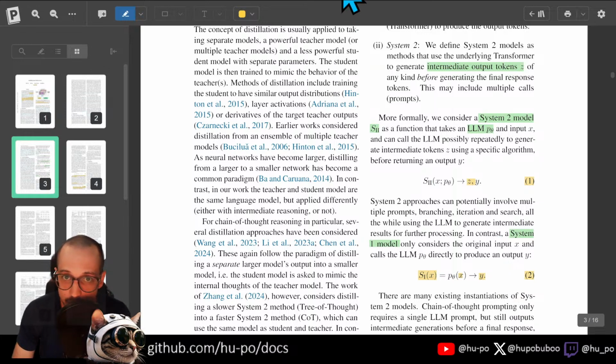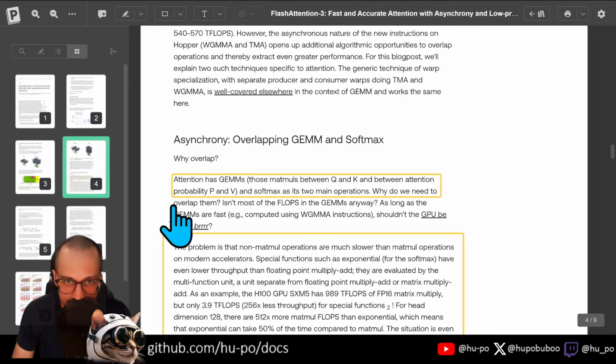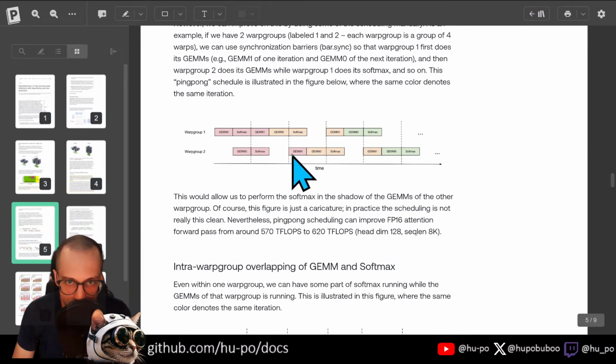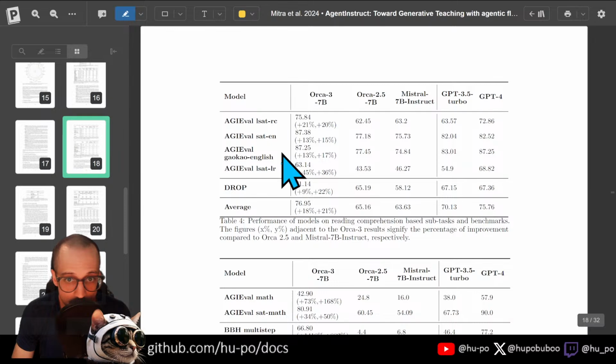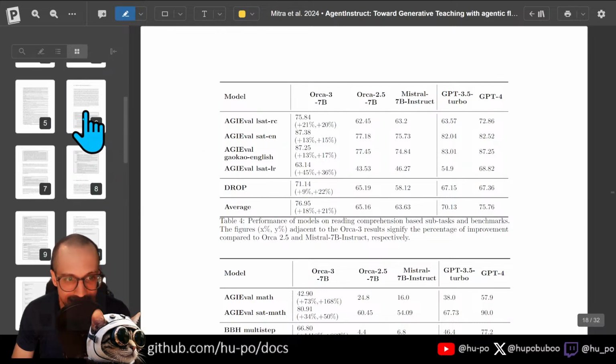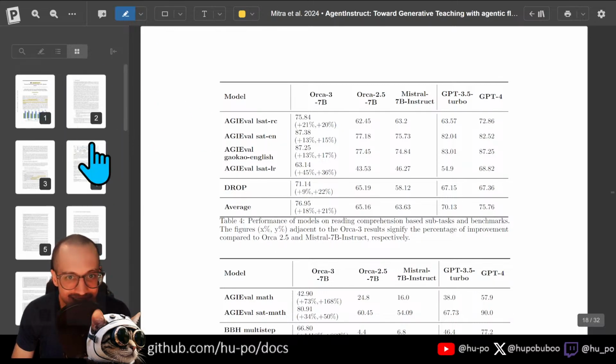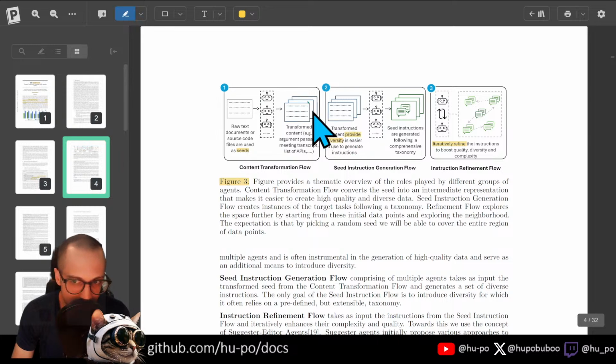So like we were talking about the inefficiency of having to wait for one matrix multiply to finish before you can do the next matrix multiply, and how that leads to low GPU utilization, right? Now imagine how bad your GPU utilization is going to be when your training process has to wait for some model to output some stuff and then filter that stuff and then generate the data set for you to actually train on, right?